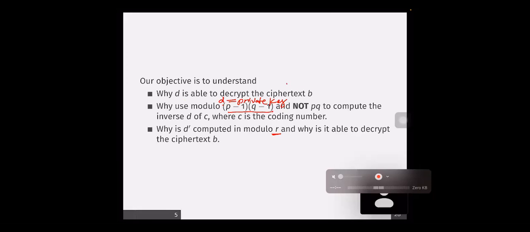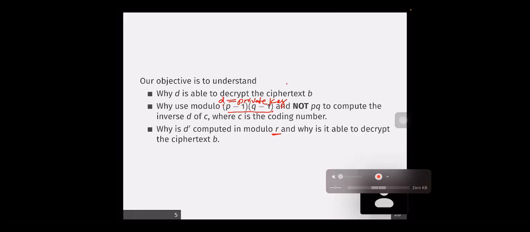But P times Q, which is your public key, is very hard to factor. To factor N into P times Q takes 300 trillion years for a 2048-bit encryption.